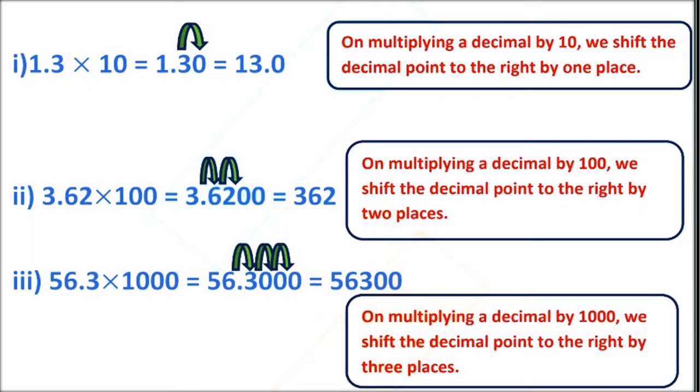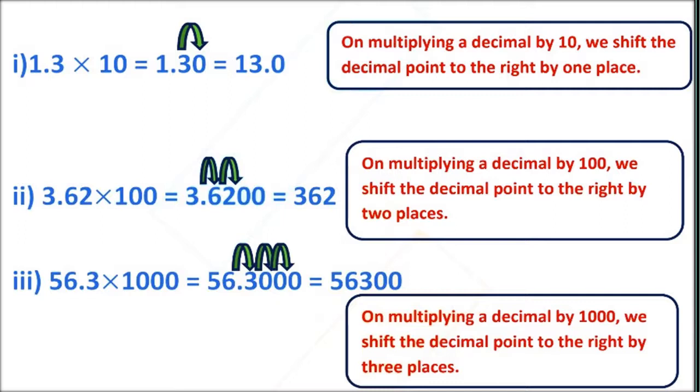Now students, in this section we are going to learn what happens when a decimal fraction is multiplied by 10 or 100 or 1000. As we discussed earlier, you can multiply both the numbers assuming they are whole numbers, but you have one shortcut formula for this.